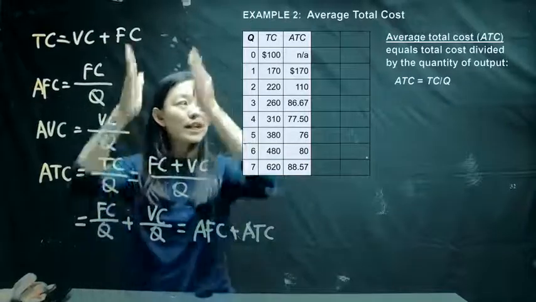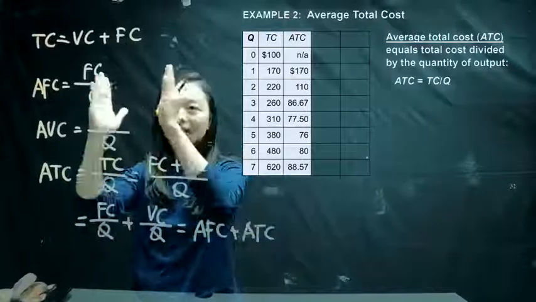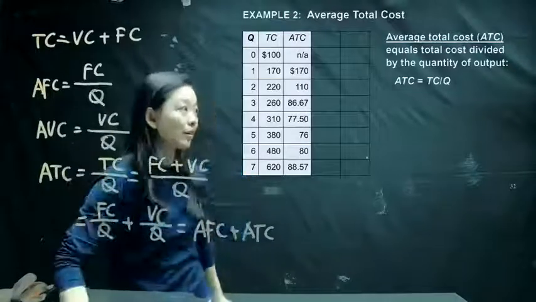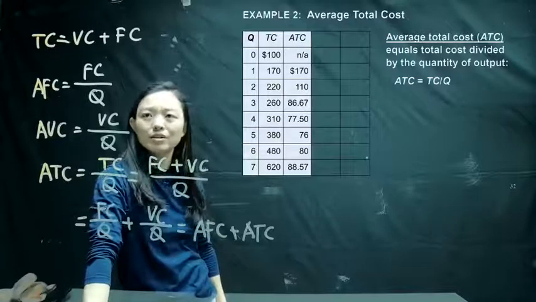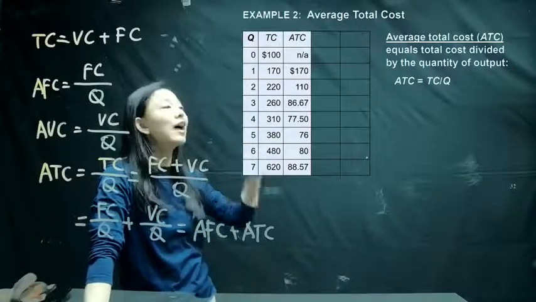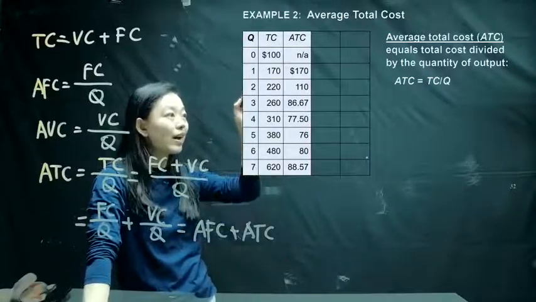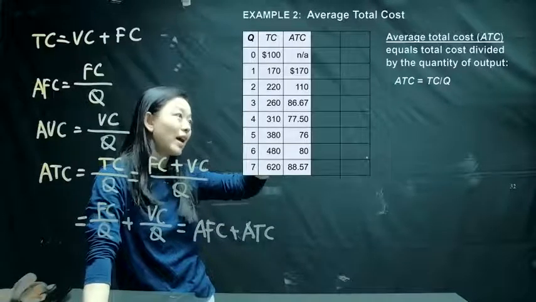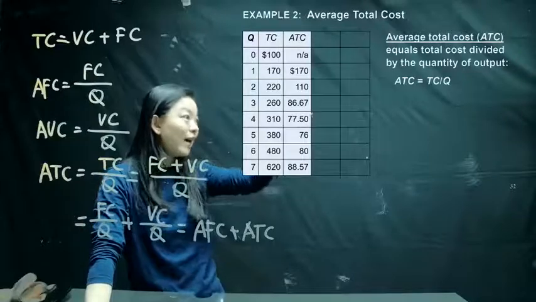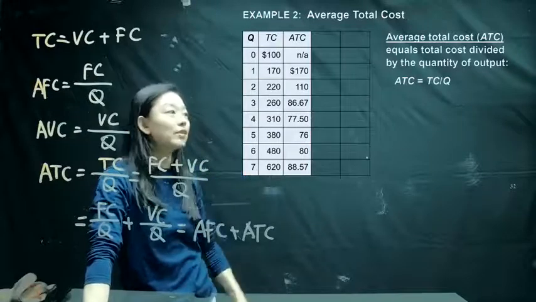We can get the average total cost by just using the second column divided by the numbers in the first column. Okay? So you can see it is very similar to the average variable cost. Average total cost also declines at first until it reaches the minimum at 5 units, right? And then it increases again.